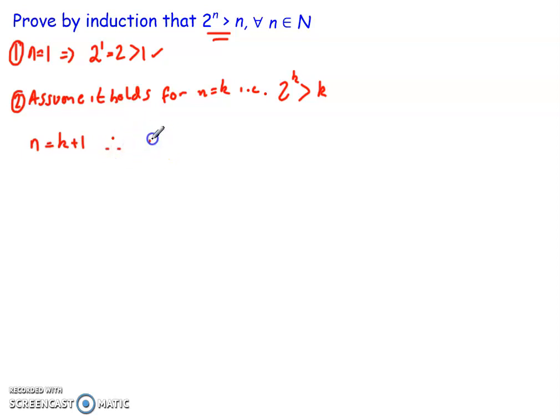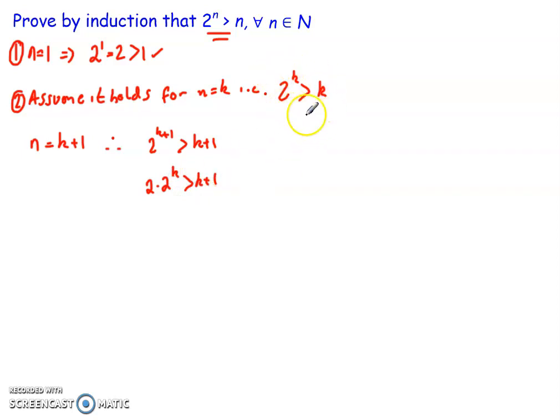So I'm going to have 2 to the k plus 1 is greater than k plus 1. That's what I want to prove. So 2 to the k plus 1 is greater than that. Well, if I split this up here, what that then means is 2 times 2 to the k has to be greater than k plus 1 in order for it to hold.